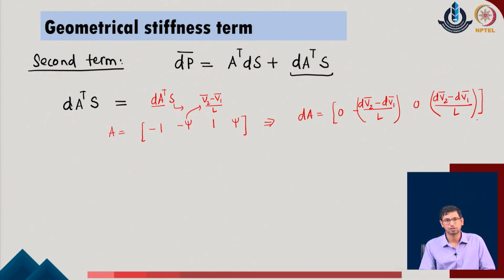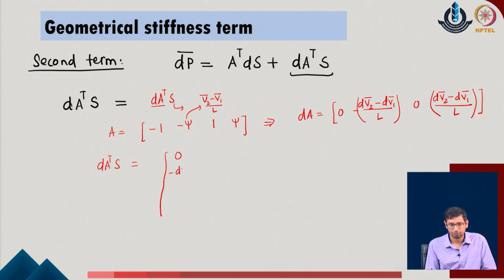Now I can write the expression dA transpose into S as the multiplier of this part, which is 0, minus of d V2 bar minus d V1 bar upon L, 0, d V2 bar minus d V1 bar upon L, multiplied by the parameter S.